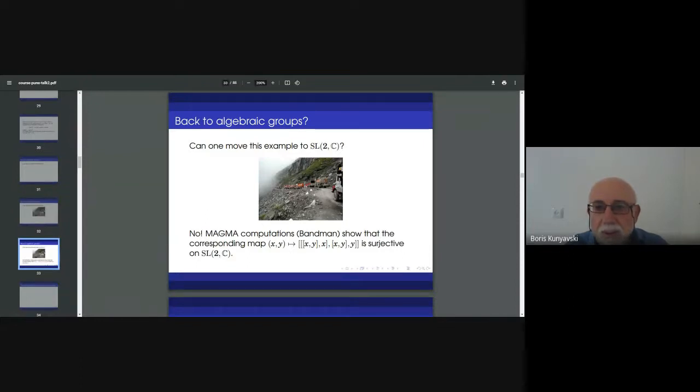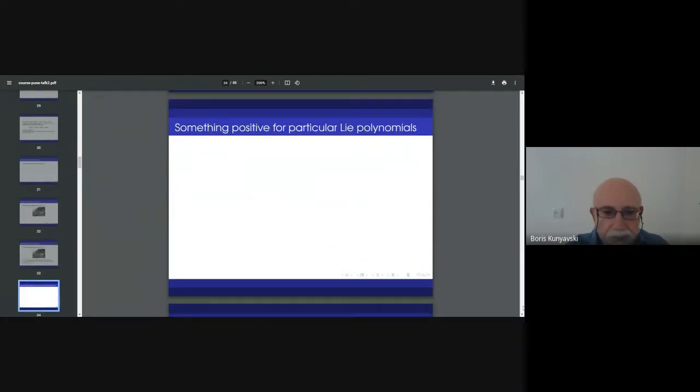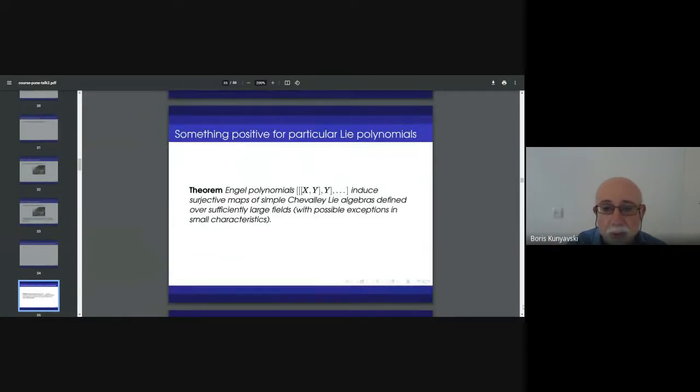I hope I convinced you by showing the difficulties here. Now, something positive that we can say. For Engel polynomials, we can say something positive, and even more than in the group case, which shows that our model of a highway from groups to Lie algebras was not so wrong.